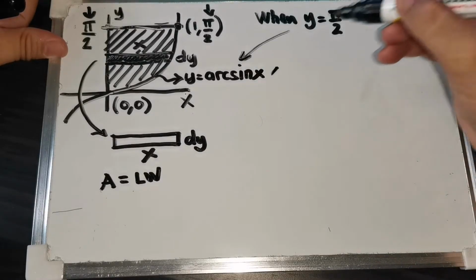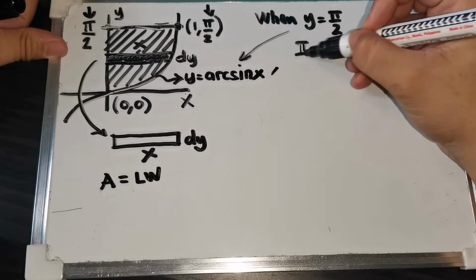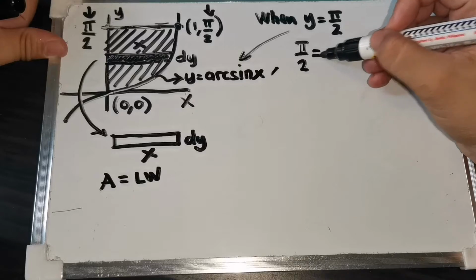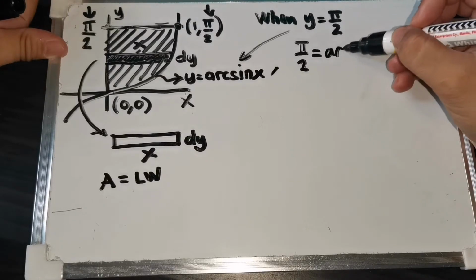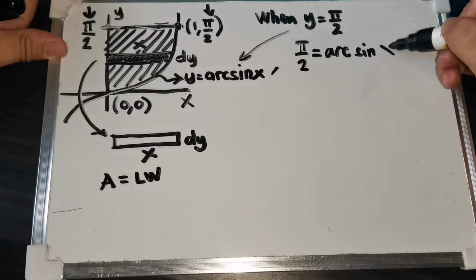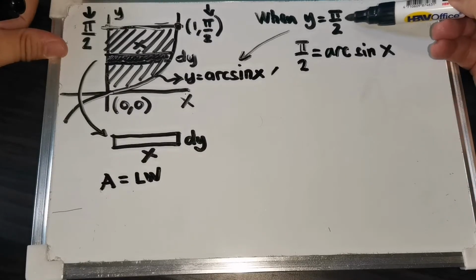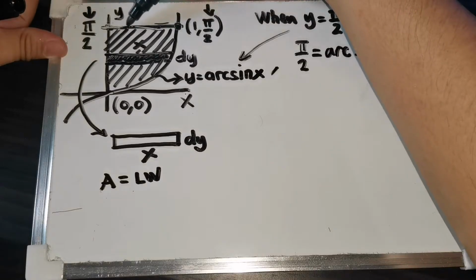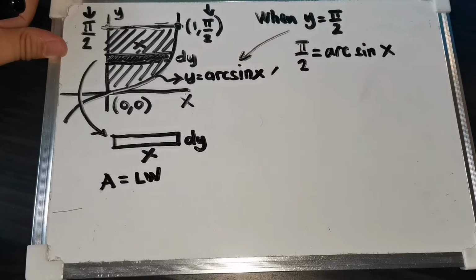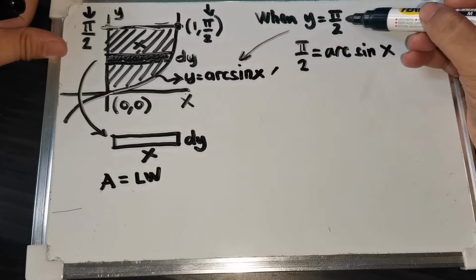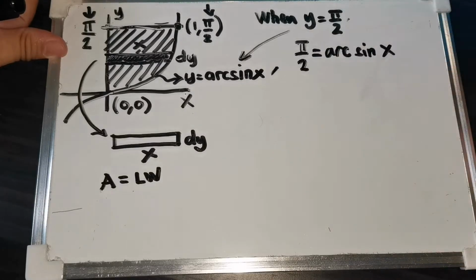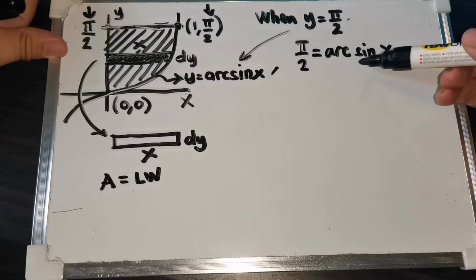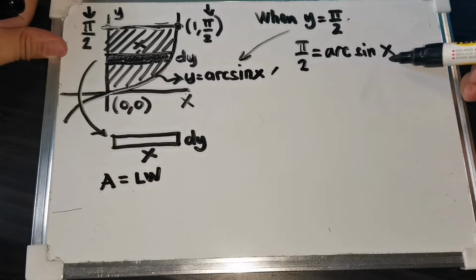Now, if we apply this value of y to the given function, y equals arc sine x, we can rewrite this as π/2 equals arc sine x. We simply substitute the value of y as the vertical distance from this line up to the x-axis.